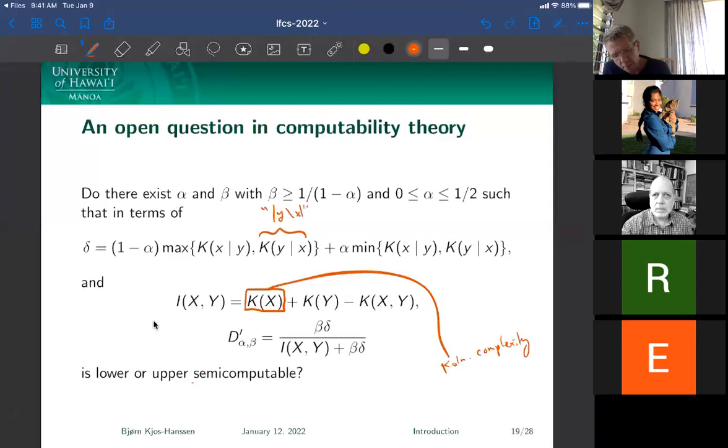Semi-computable means not necessarily computable, but, say for lower semi-computable, it's an increasing limit of computable functions. And this is sort of interesting because K of X itself is actually upper semi-computable.